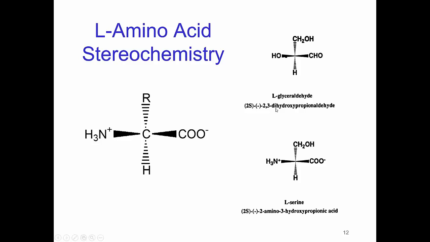Hydroxyl to an amino. We had the CH2OH, clearly that's the same as the CH2OH here. And aldehyde versus carboxylic acid, that's just a difference of one step in oxidation state, an oxidation in this case. So that is where the L configuration name comes from. It's from this original L-glyceraldehyde determination and the comparison.